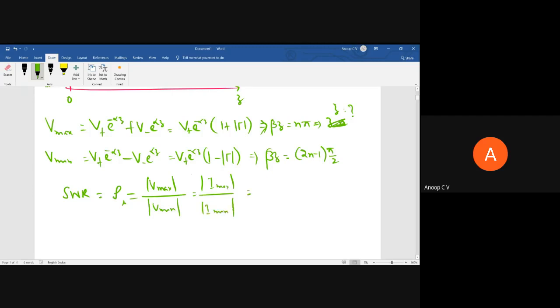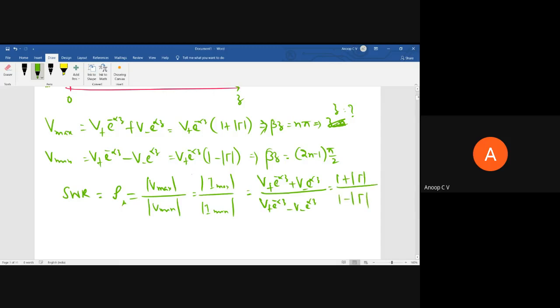This is equal to V plus e power minus alpha z plus V minus e power alpha z divided by V plus e power minus alpha z minus V minus e power alpha z, which is also equal to 1 plus mod of gamma divided by 1 minus mod of gamma.